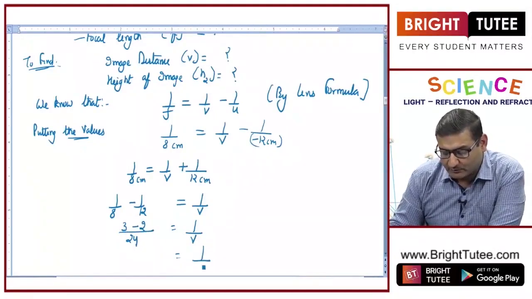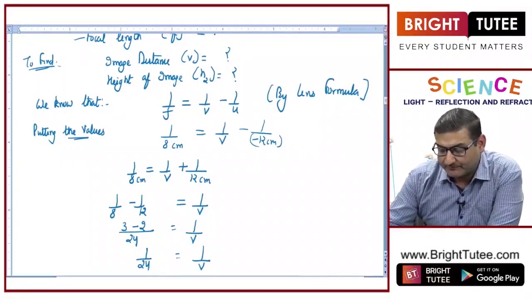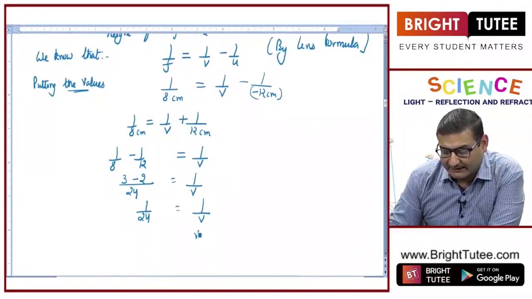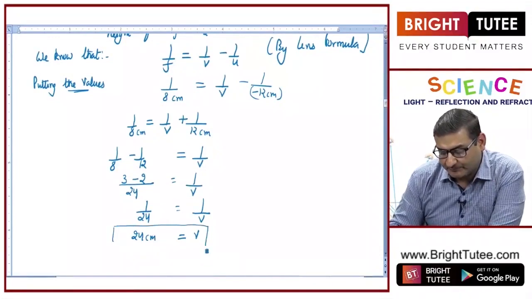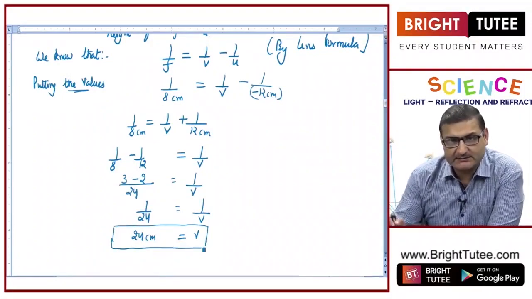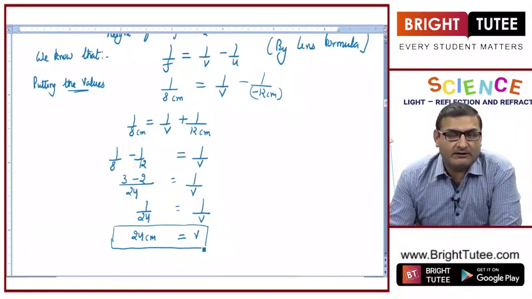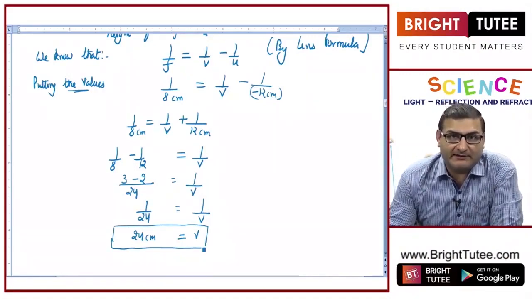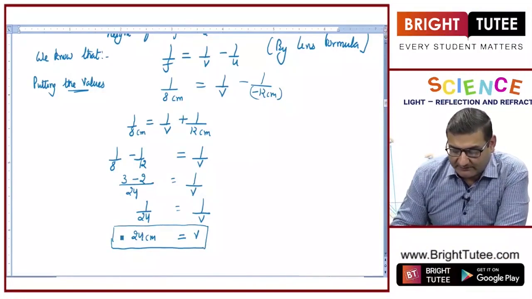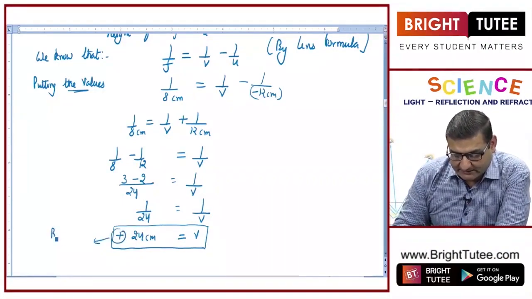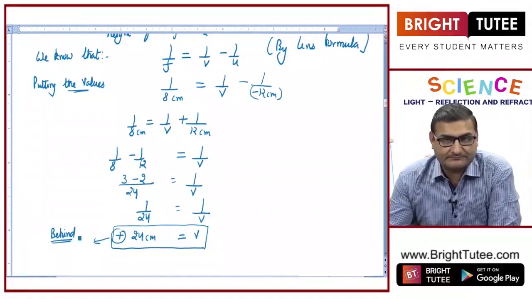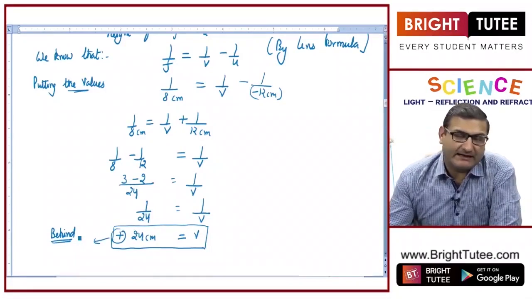So 1 by v is equal to 1 by 24. Taking the reciprocal, I'll get v is equal to 24 centimeters. v represents the image distance. So the image is formed at a distance of 24 centimeters, and because our v is coming out positive, this positive sign represents that the image is formed behind the lens.